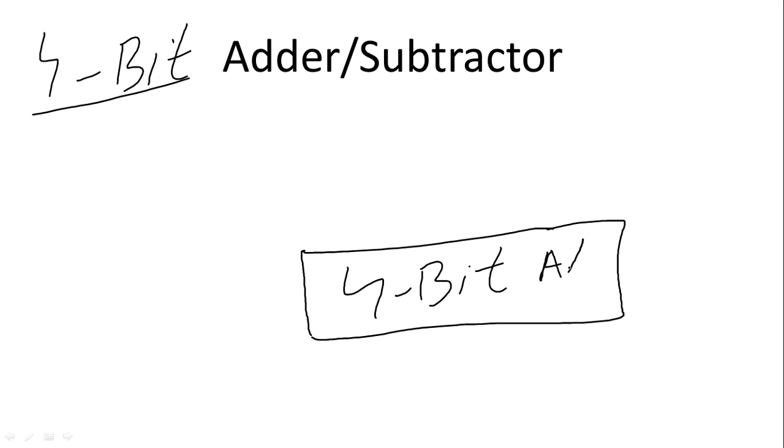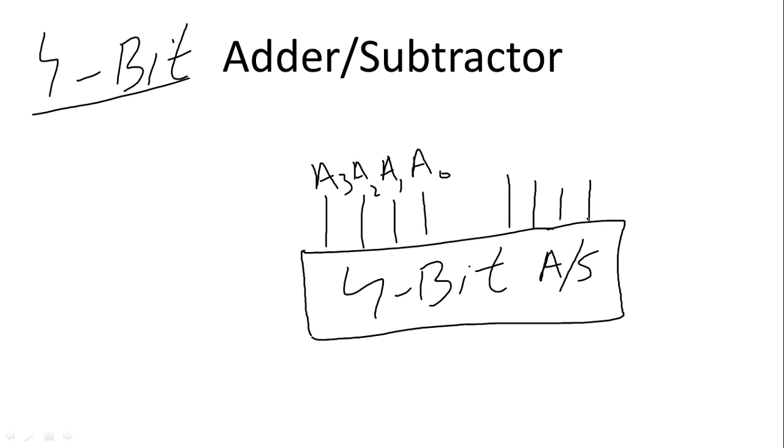I would write A and S, or S. So let's say these are the A bits, A0, A1, A2 and A3. Similarly, here are B0, B1, B2 and B3.